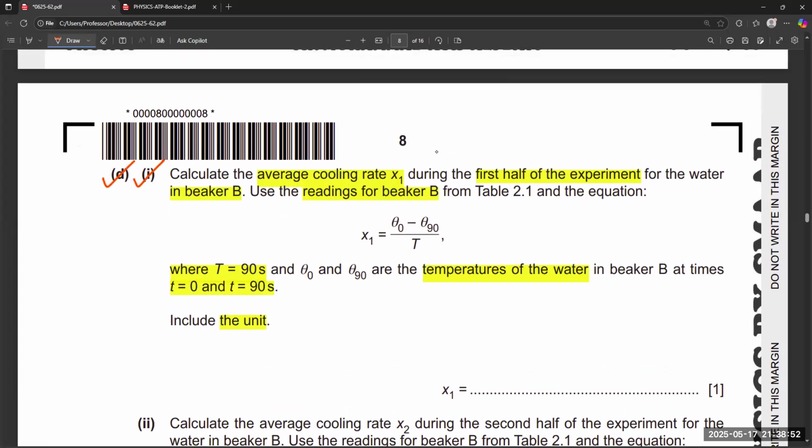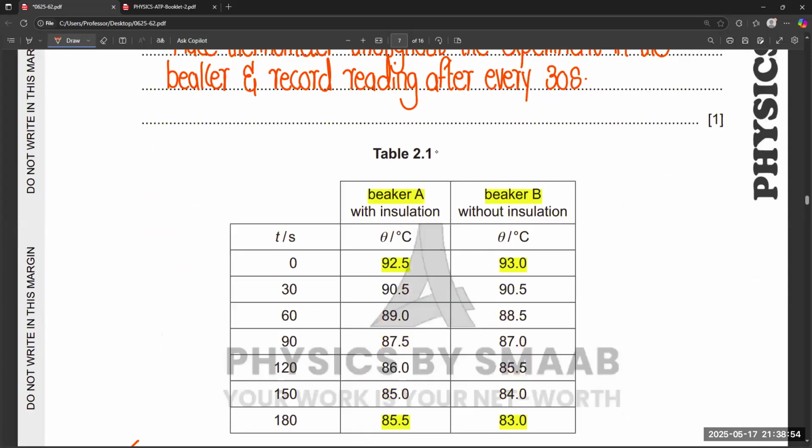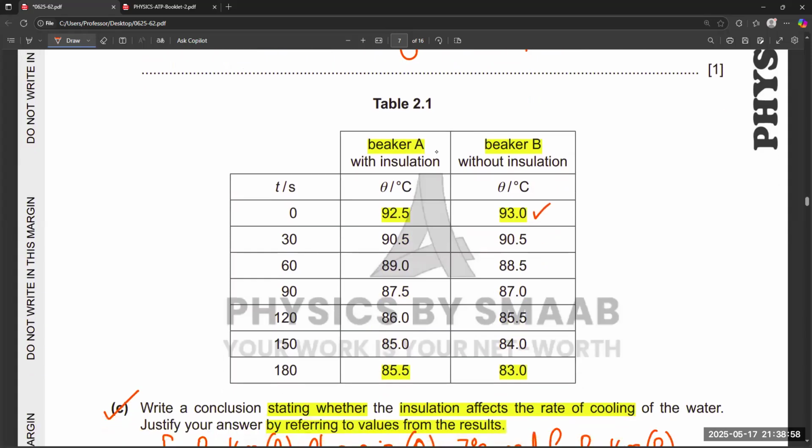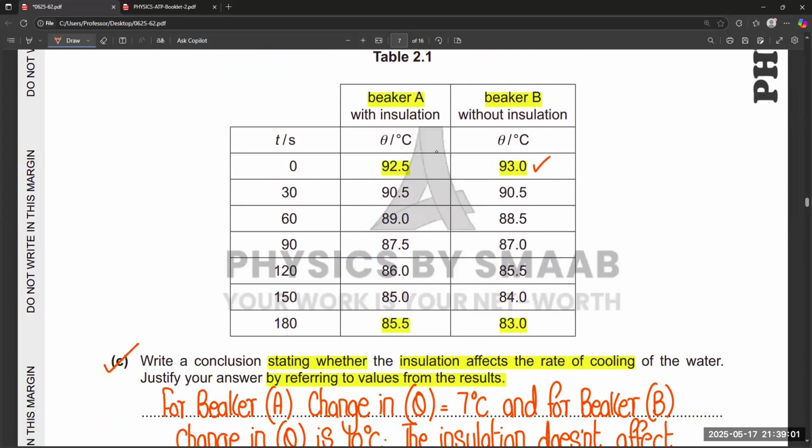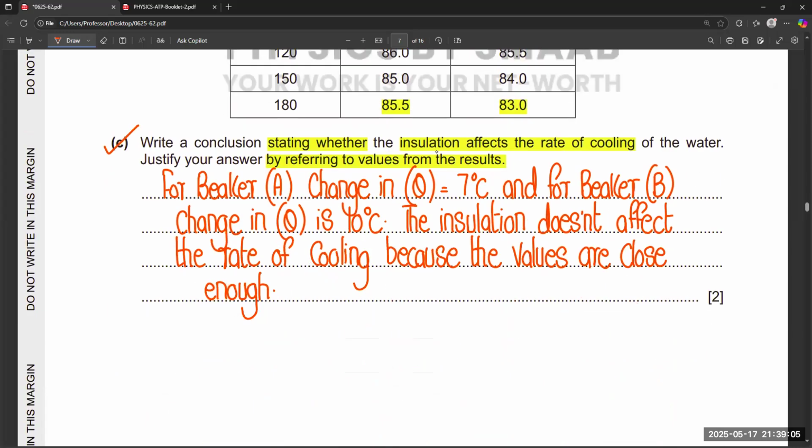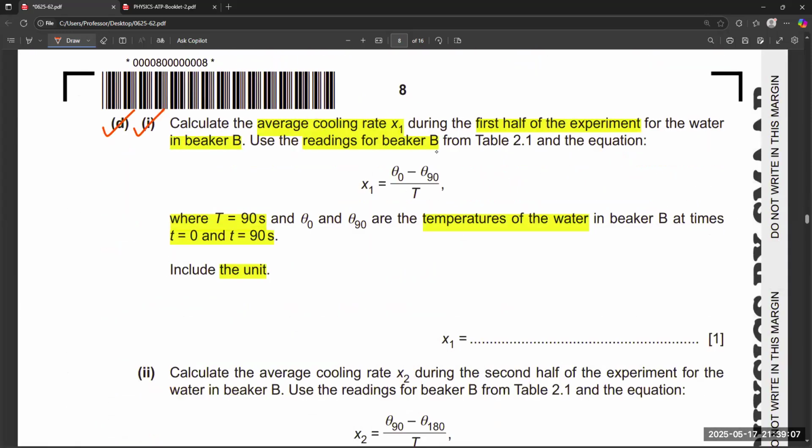So at theta 0, the value is 93. Then we have 90 seconds, so the value is 87. So this is 93 minus 87, and the time duration is 90 seconds.